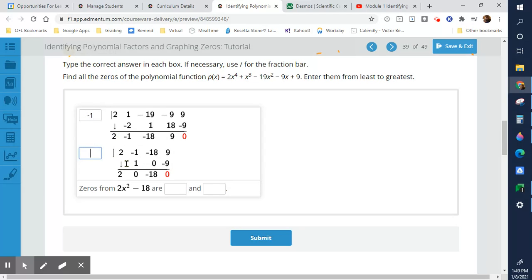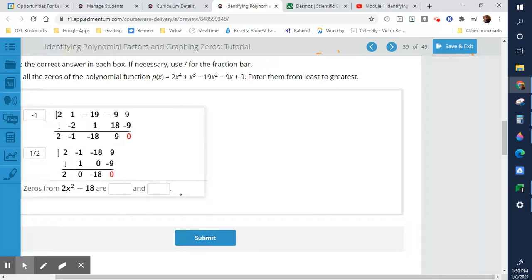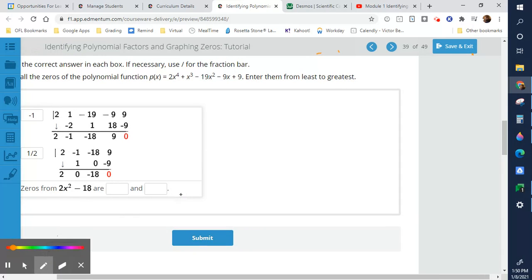Now we want to find the zeros for this. So the easiest way to find the zeros for our remaining polynomial, this right here, is 2x squared minus 18 equals 0.